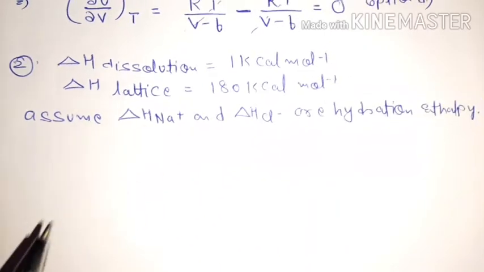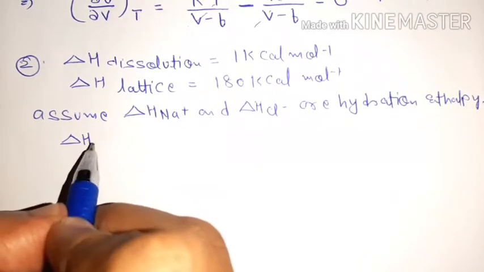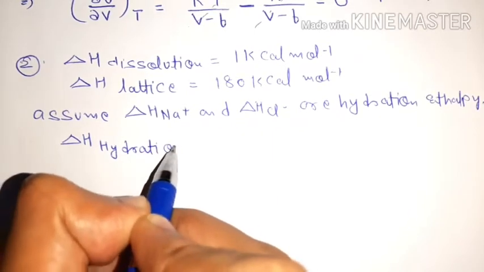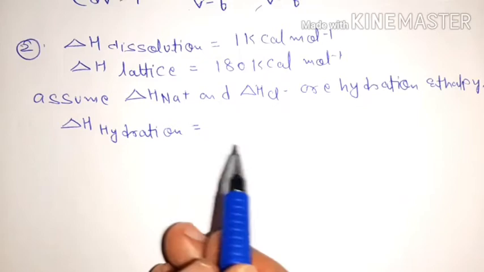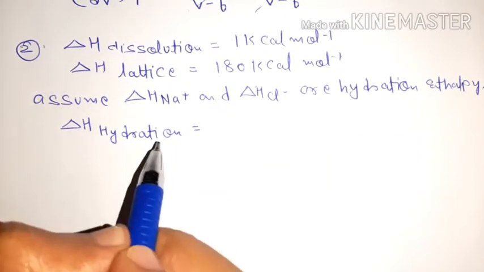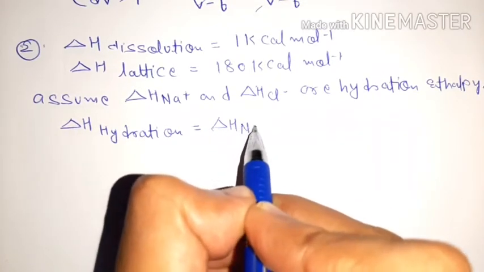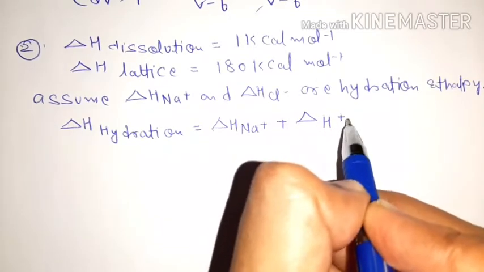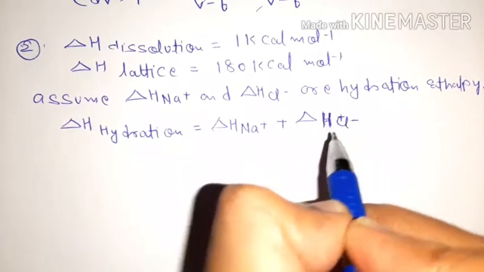We know friends that the total hydration enthalpy will be equal to the sum of hydration enthalpies of sodium ion and Cl minus ion. In this case we have NaCl as a salt, so the hydration enthalpy of NaCl salt is equal to the hydration enthalpy of sodium plus ion plus the hydration enthalpy of Cl minus ion.